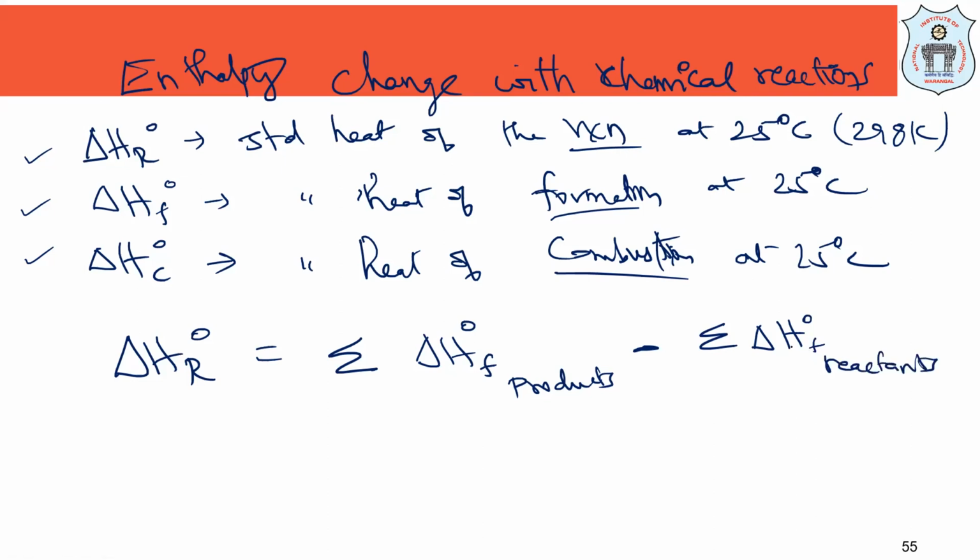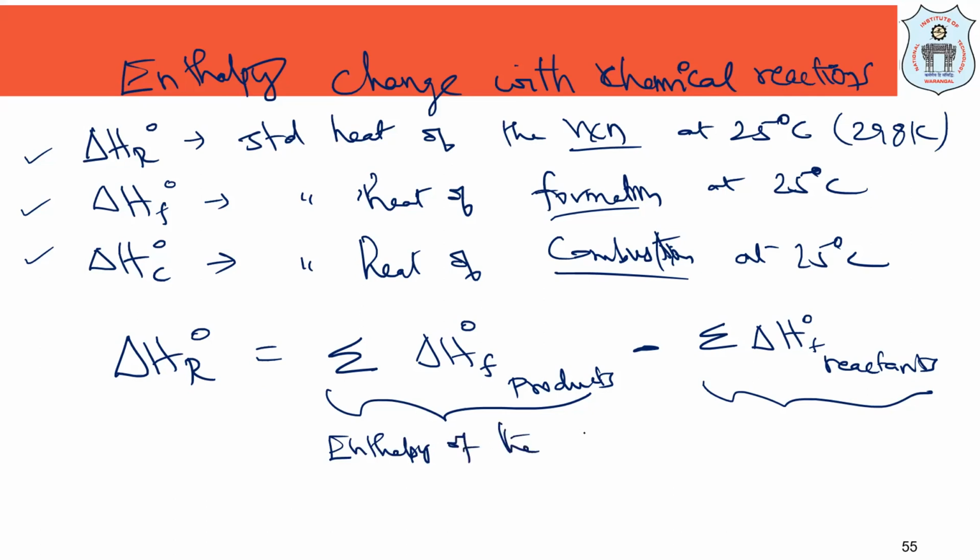Okay, so this is the enthalpy of products at 298 Kelvin, and this is the enthalpy of reactants. So you can say enthalpy change of a chemical reaction is given by enthalpy of the products minus enthalpy of reactants. Okay, so summation, when more than one reactant and more than one product is there.